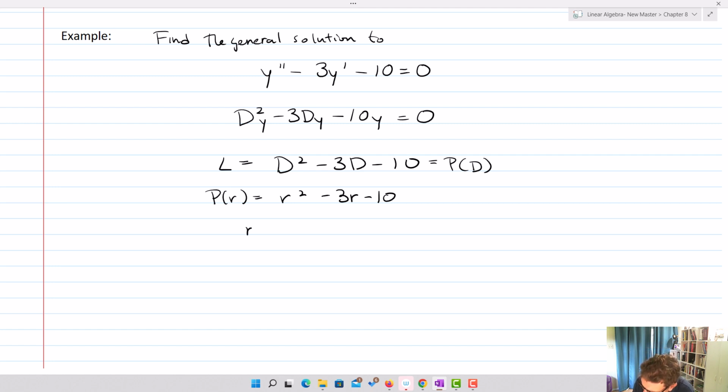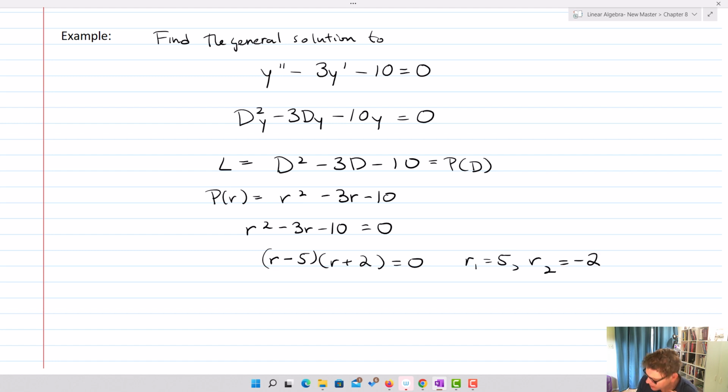Now we're going to set that equal to 0. r squared minus 3r minus 10 equals 0. And that gives me r minus 5 times r plus 2 equals 0. So r1 will equal 5, and r2 equals negative 2, just as we solved the polynomial.